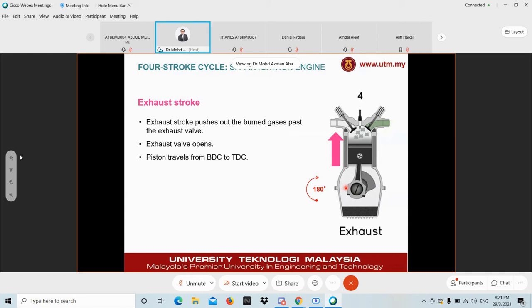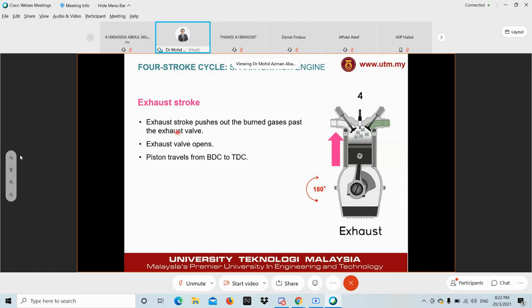This is when the piston starts to push all the burn gases out in the combustion chamber outside through the exhaust valve. Okay, and because of the movement of the piston from BDC to the TDC, the exhaust gas is being expelled out.